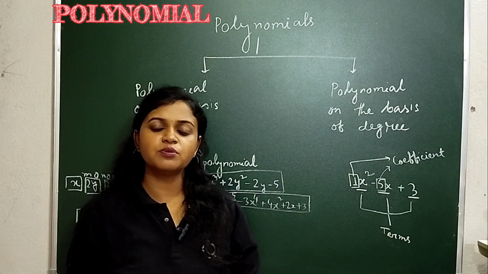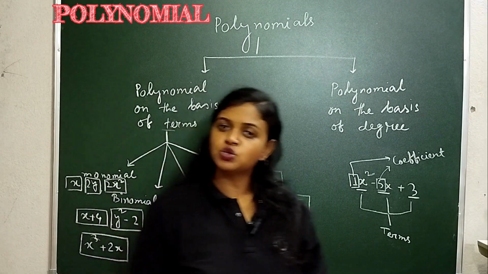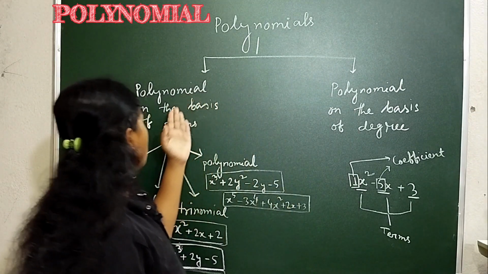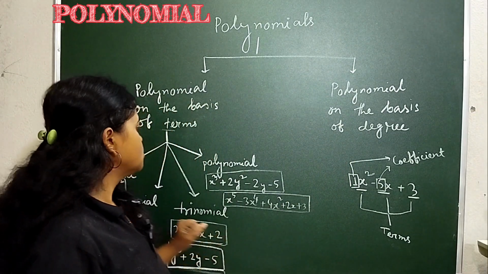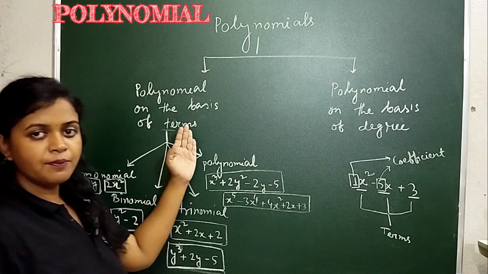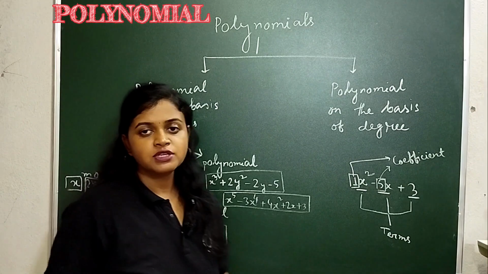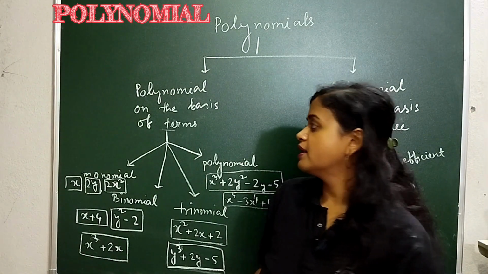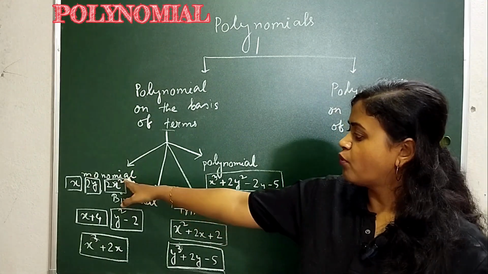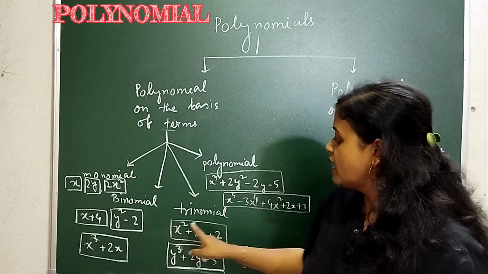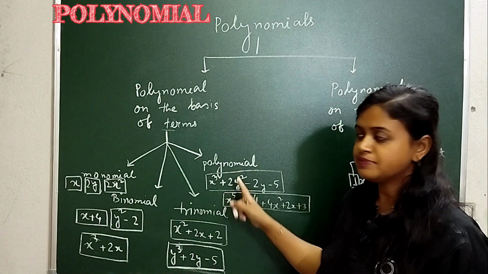Now, polynomials can be divided into two parts: on the basis of the terms and on the basis of the degree. First we will discuss on the basis of the terms. On the basis of terms, polynomials can be divided into 4 parts: monomial, binomial, trinomial and polynomial.